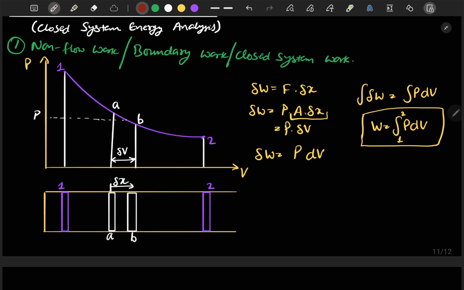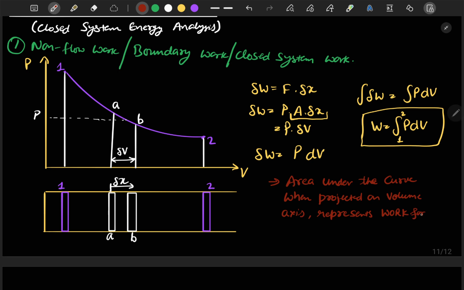Area under the curve when projected on the volume axis represents work for a closed cycle or a closed system.